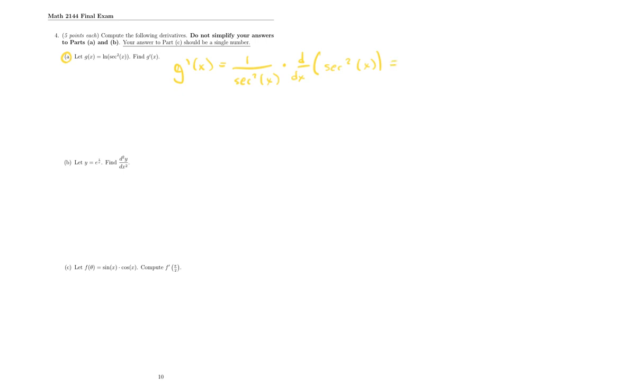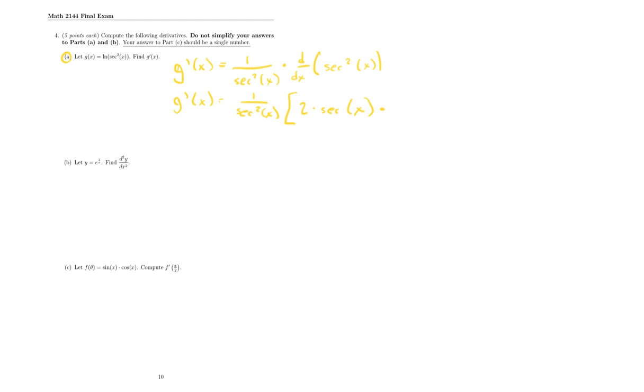So the derivative of secant squared x, we kind of have to do another chain rule for this here. So we can go ahead and say that g prime of x is going to equal 1 over secant squared of x times, so since I have something to a power, we can pull that power down, then multiply it by our inside to whatever our new power is, which is just to the first, and we multiply that by the derivative of the inside.